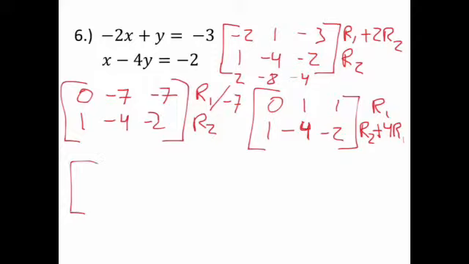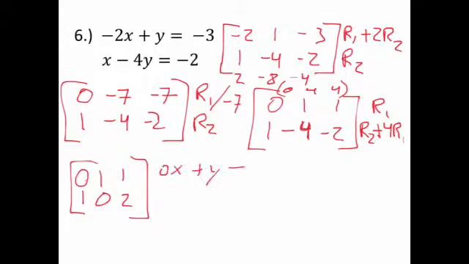Row 1 times 4 is 0, 4, 4, just temporarily. If I add that to row 2, I'm going to get 1, 0, 2. And on top I have 0, 1, 1. If I rewrite this, I'd have 0x plus y equals 1, and then 1x plus 0y equals 2. And so x is 2, y is 1.